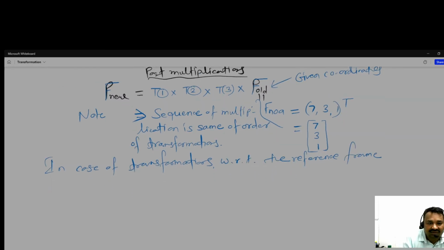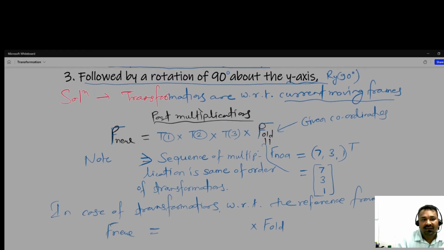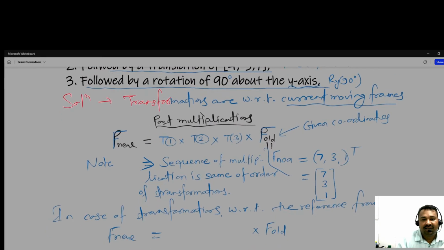F new is equal to, and F old we write here, then the pre-multiplication: we write the first transformation, then the second transformation, then the third transformation.